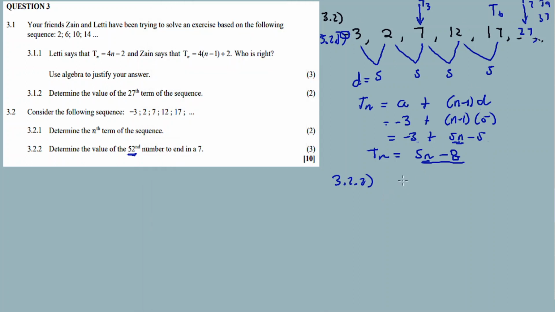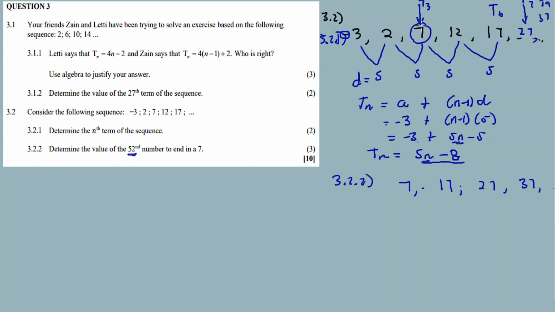So therefore now my terms ending in 7 are 7, 17, 27, 37, and they continue, right? Term number 3, term number 6, term number 7. But these terms are labeled according to the number pattern.